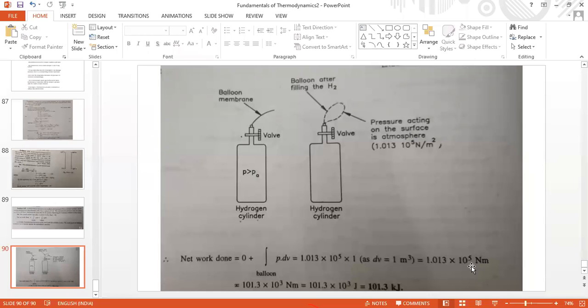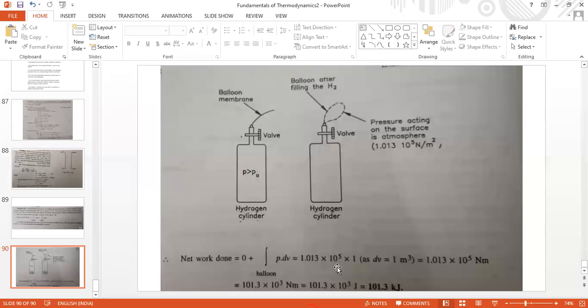How did it become Newton meter? This is Newton per meter square pressure, and the volume is 1 meter cube. Newton per meter square multiplied by meter cube gives Newton meter cube by meter square, which is Newton meter. Understood? Right? How the unit Newton meter has arrived?